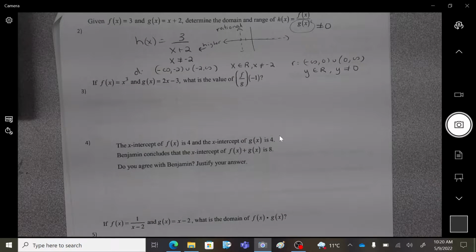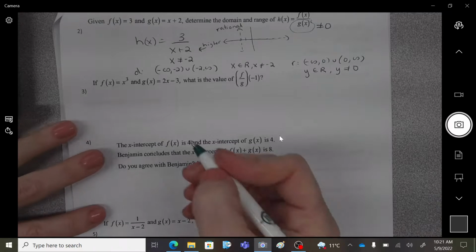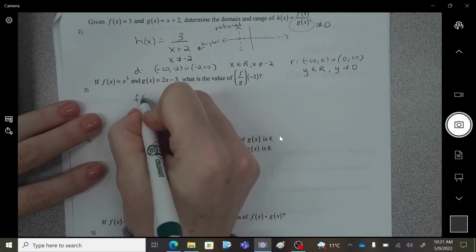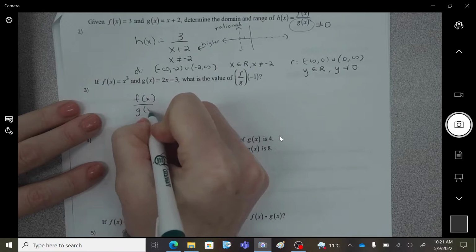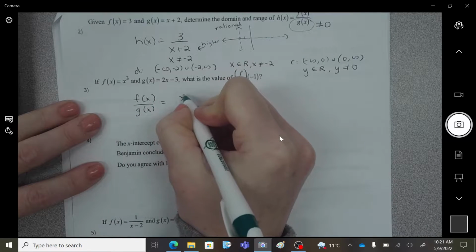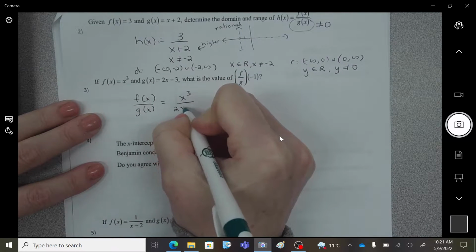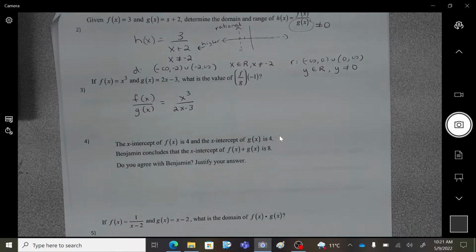f of x is x cubed, g of x is 2x minus 3. What is the value of f divided by g at negative 1? So f of x divided by g of x, so that would be x cubed over 2x minus 3.